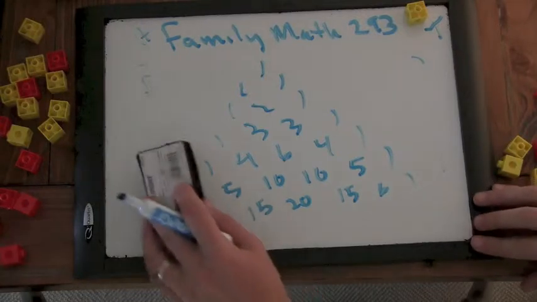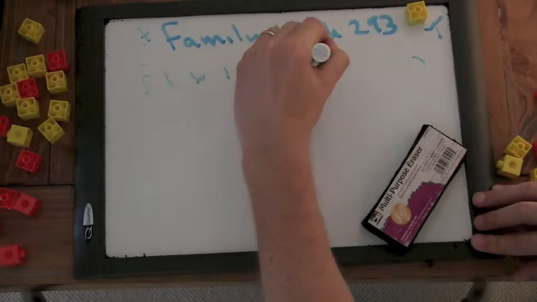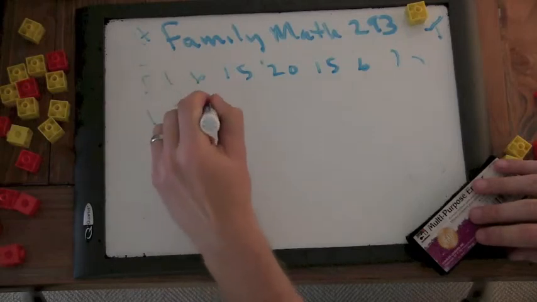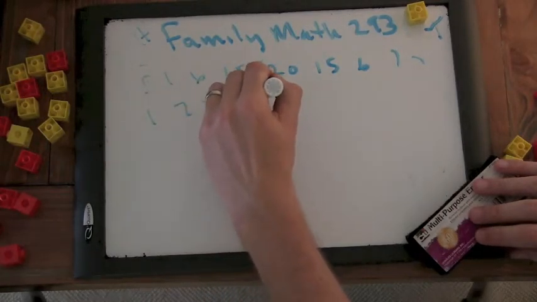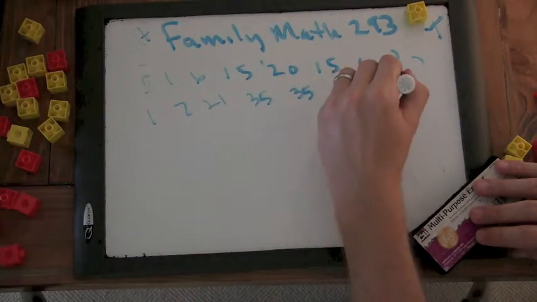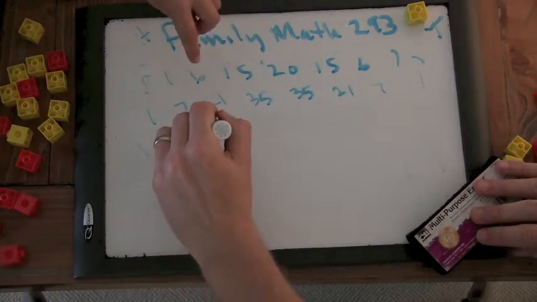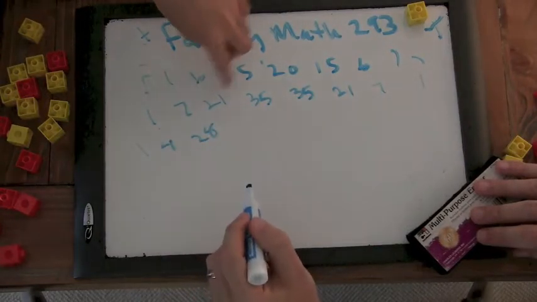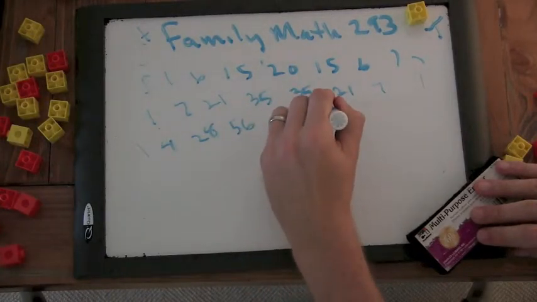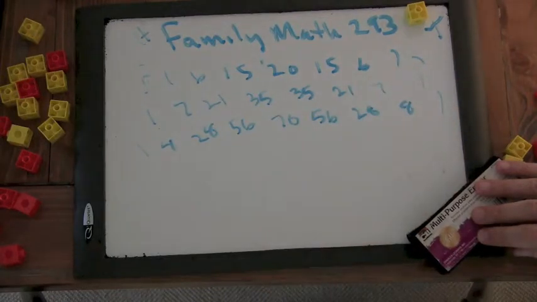Then 1, 7, 21, 35, 35, 21, 7, 1. Then 1, 8, 28, 56, 70, 56, 28, 8, 1.